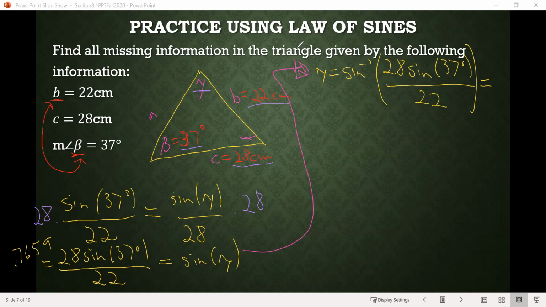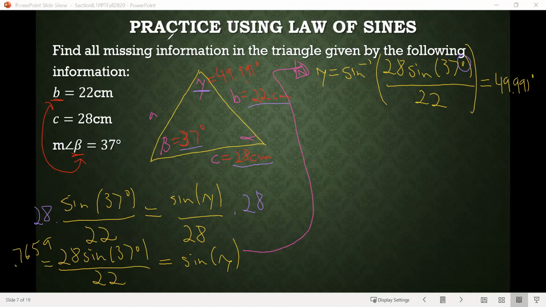Make sure your calculator's in degrees mode, since we're working with angles in degrees. When we do that, we end up with 49.991 degrees. That would be the measure of angle gamma over here.